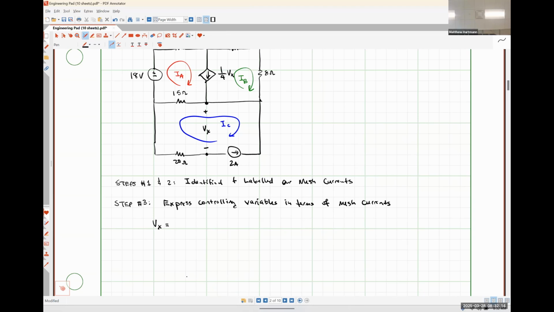The 20 is from that leftmost node, so that one is shared. But then there's that node at the bottom middle that is not connected to the node on the right. So the 15 and the 20 are not in parallel. The 2 amp and the 15 ohm resistor are also not in parallel for similar reasons.